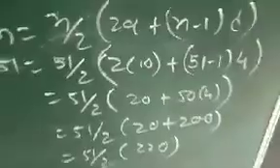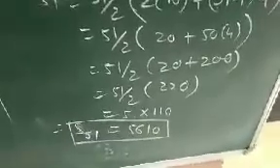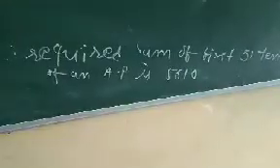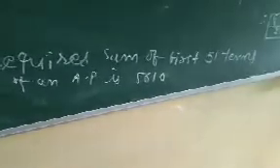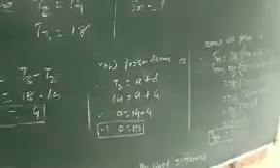After then you do the simplification as I give here, so you get S51 is 5610. So the required sum of first 51 terms of an AP is 5610. So this is the answer of 8. You learn again and check it.